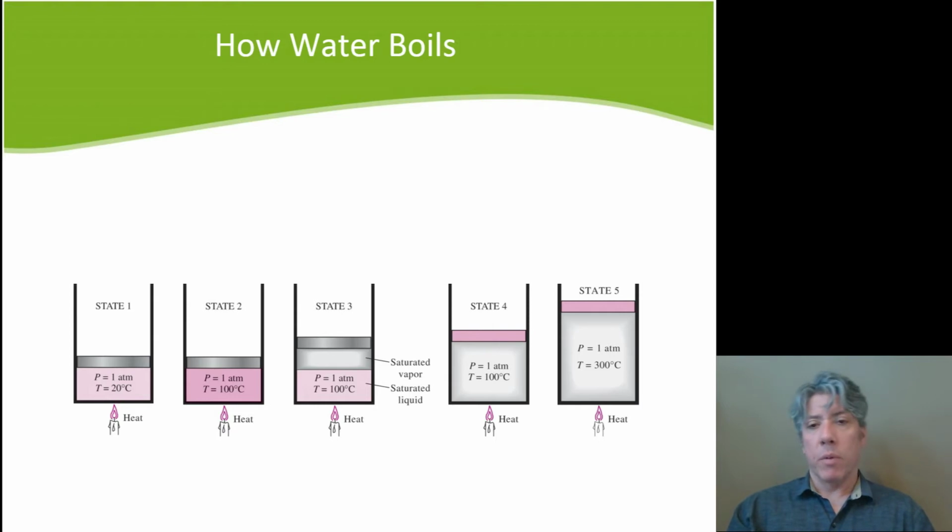Now, of course, we're talking about water in this example, but many substances behave in a similar fashion, having saturation points and points where they go from a sensible change, where the temperature changes so it makes sense, to a latent change, a delayed change in temperature. The temperature change is delayed as we go from state 2 to state 4, from saturated liquid to saturated vapor.